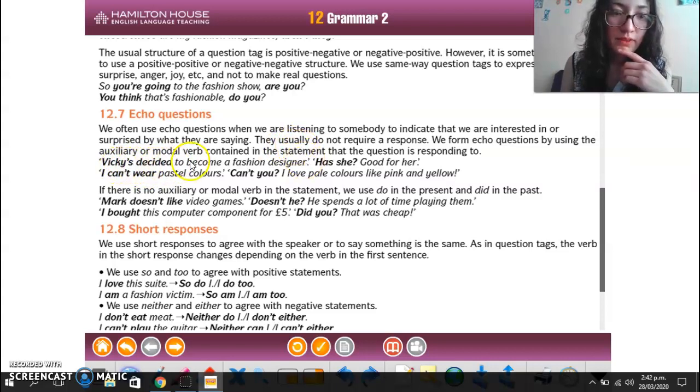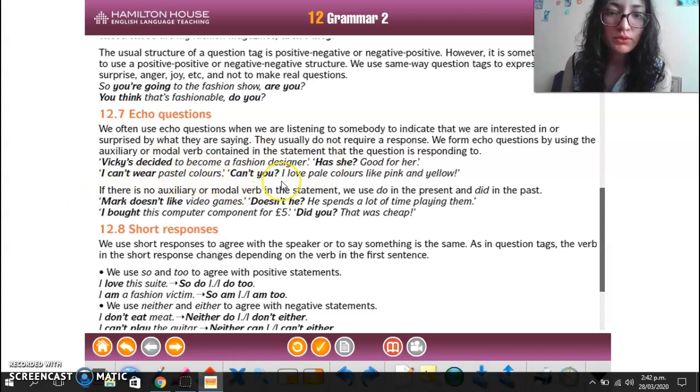So Vicky decided to become a fashion designer. And the other person says, "Has she? Good for her." Has she? So "has" is repeating. That is why it is called echo questions, because echo is to repeat or to imitate. So it makes sense, right? Now here, I can wear pastel colors.